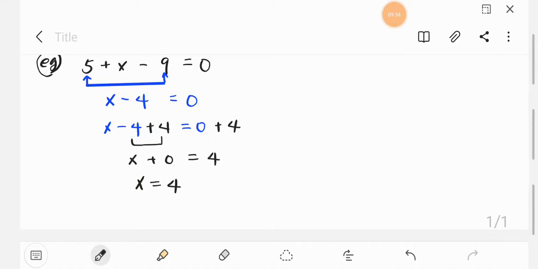The opposite of minus 4 is plus 4, right? So add 4 to each side to get rid of this minus 4. So it becomes x plus 0, then it is x. So you have x on one side and the right side is the solution.